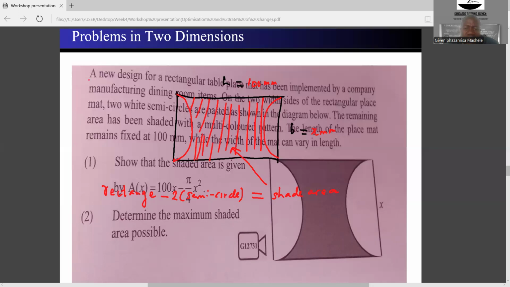Obviously, to determine the shaded area, we have to take the area of the rectangle and remove the area of the semicircles. And guys, look at this.